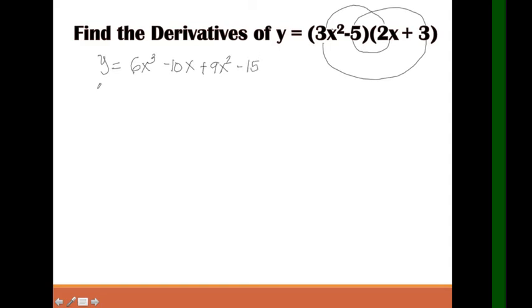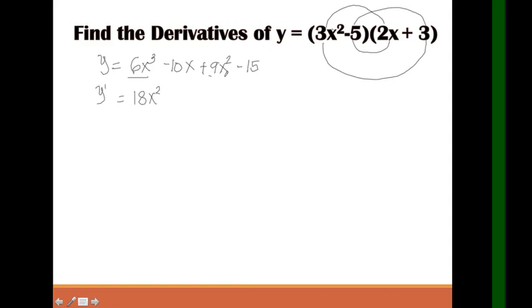Okay. Now, get the derivative. Pwedeng yung 9x squared ilipat ko muna. Pwede rin naman. Or, start tayo dito sa 6x cubed. So, we have 6 times 3 is 18. x, 3 minus 1 is 2.